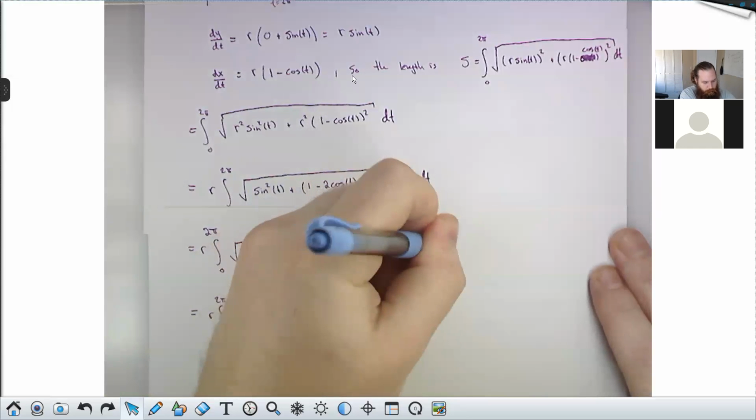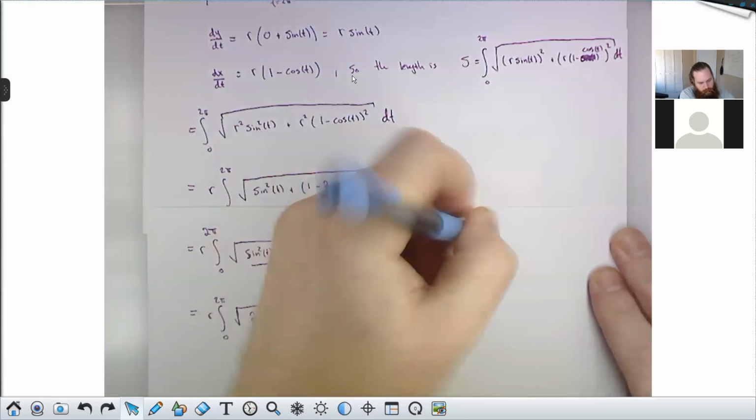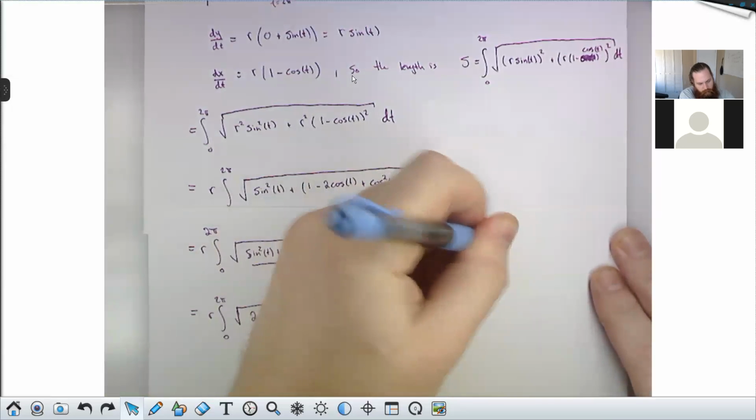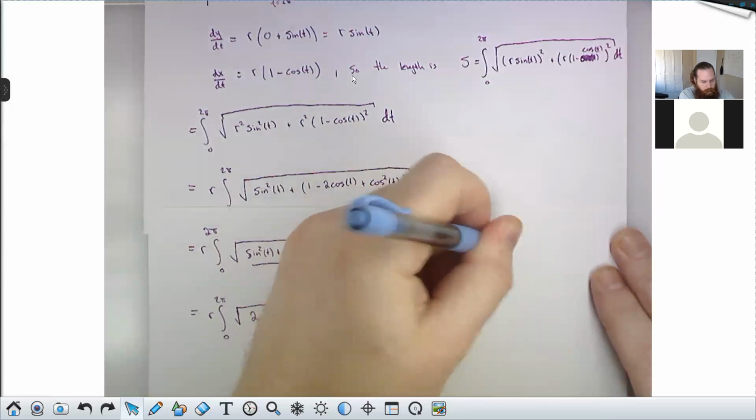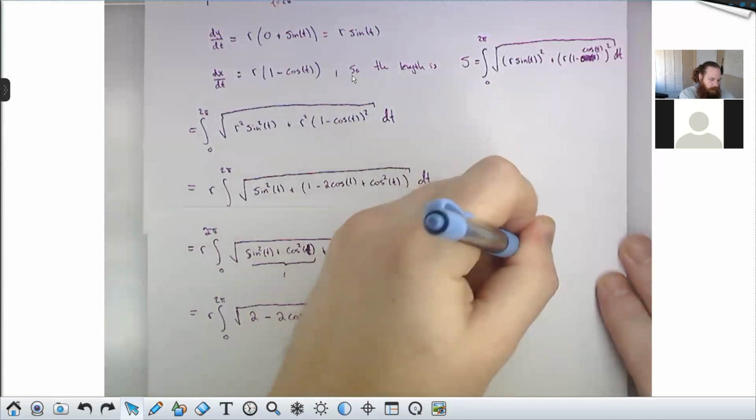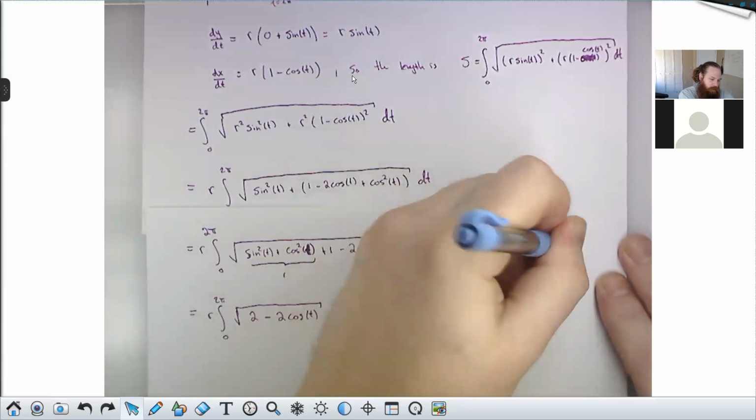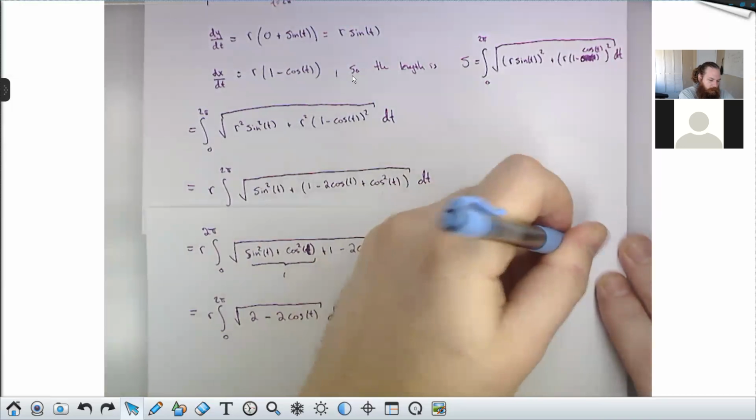So I might say recall sine squared theta is 1/2 times 1 minus cos 2 theta.